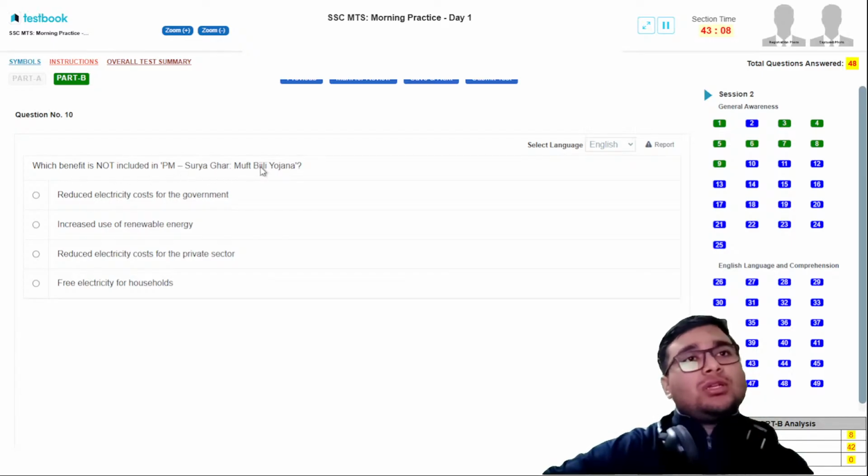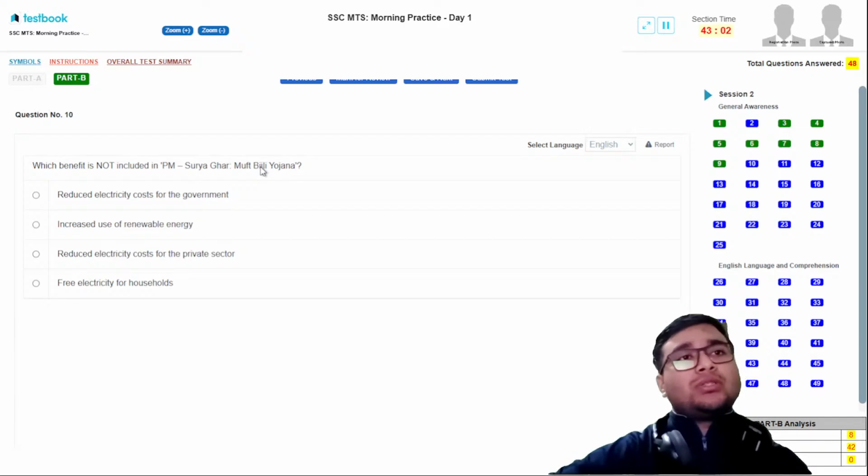Benefit are included in PM Surya Ghar Muft Bijli Yojana: reduce electric cost for the government, increase use of renewable energy, reduce for the private sectors, free electricity for household.